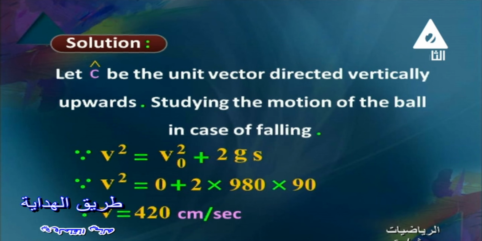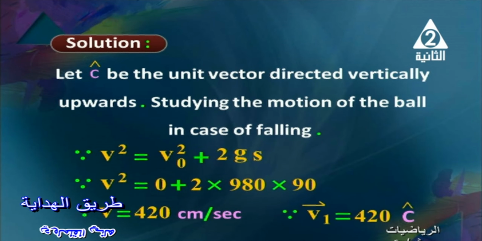The velocity before the ball reaches the ground equals 420 centimeter per second, and this velocity is in the positive direction of motion, so the velocity v1 equals 420 c. C is a unit vector in the positive direction of the motion.